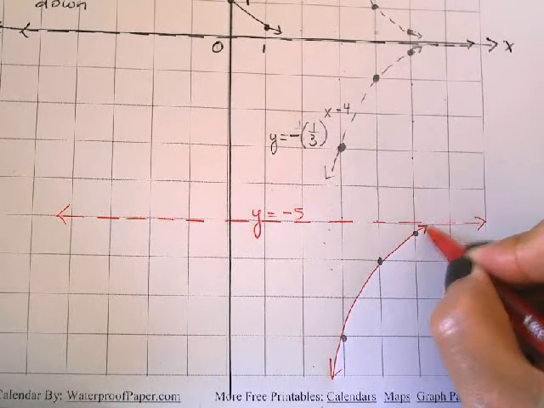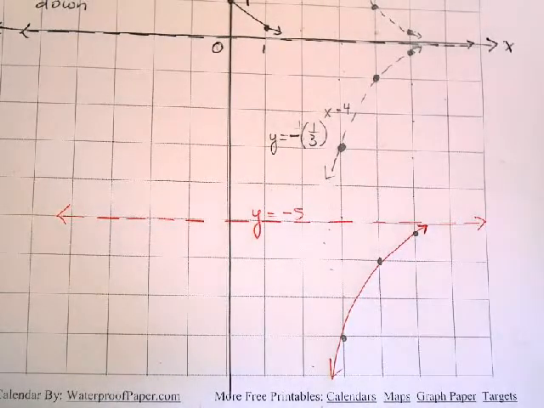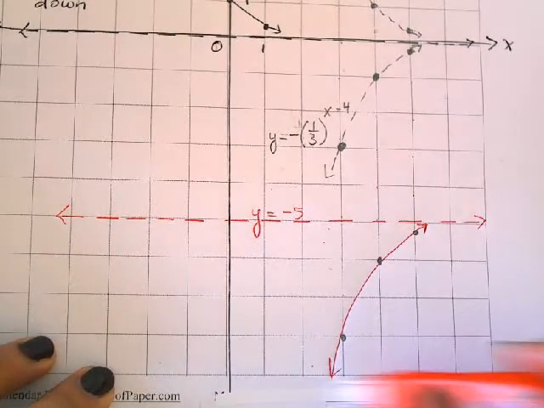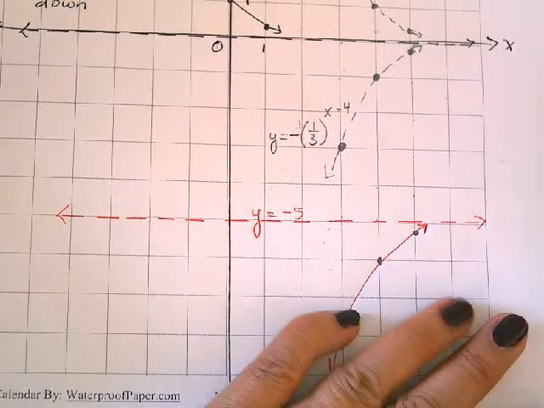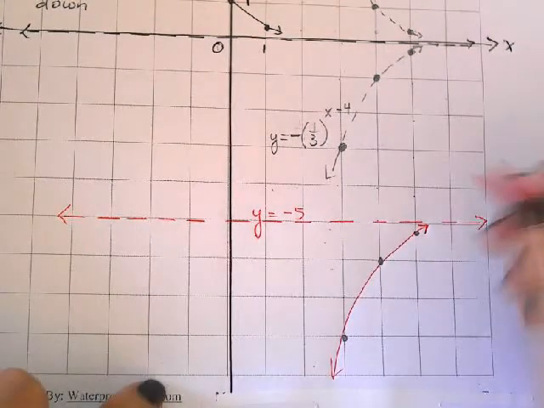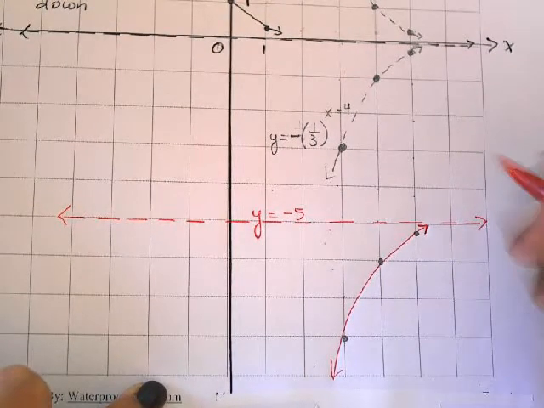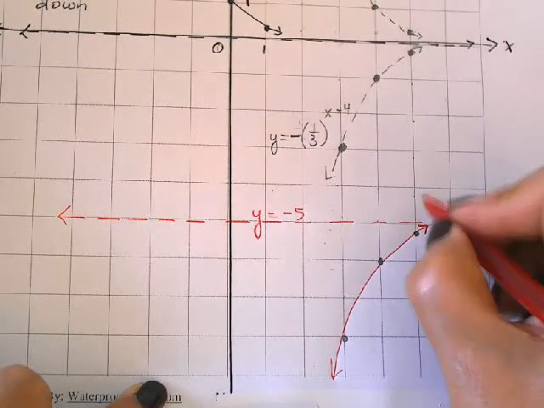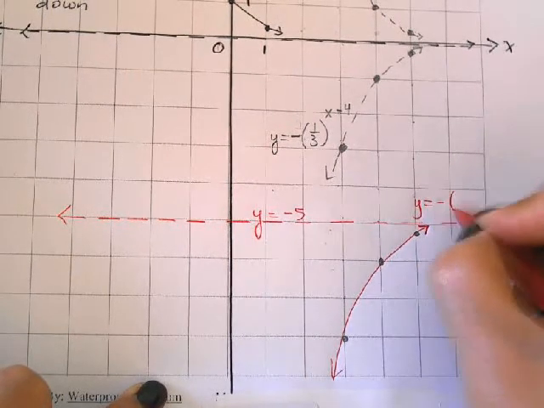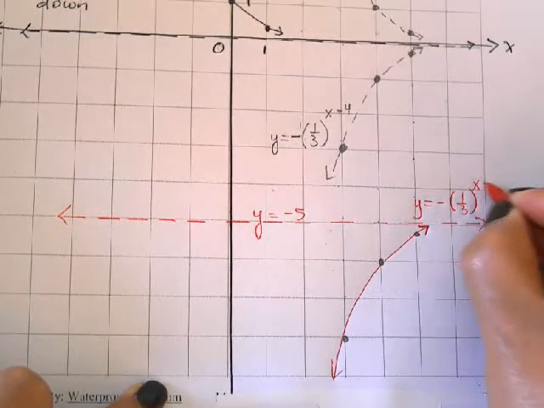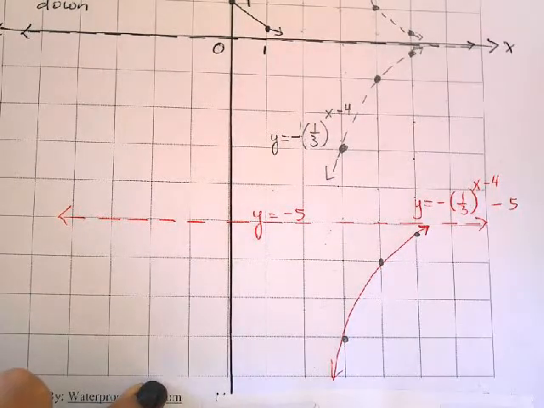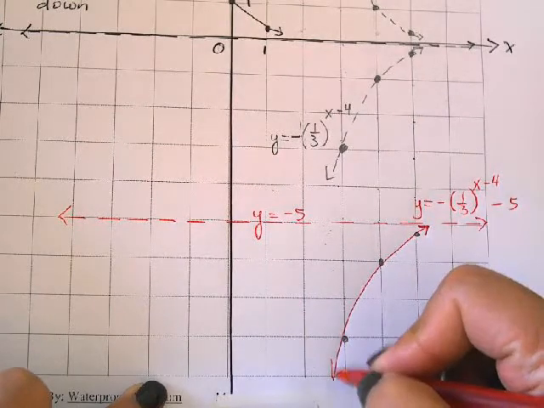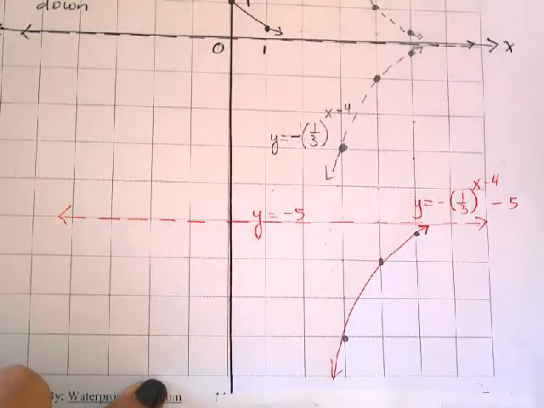You can see. Let's start doing our summary. So this is now the graph y equals -1/3 to the x minus 4, then minus 5. It's now an exponential growth. It's going up.